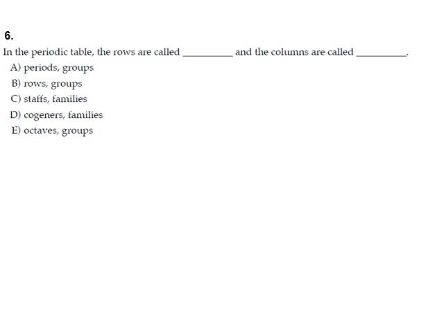So that's referred to as periodicity, and we have a whole chapter that will deal with that. Anyway, the things in the rows are called periods, and we've already said that the columns are called groups. So we're looking for periods, groups, and that's answer choice A here. Next.